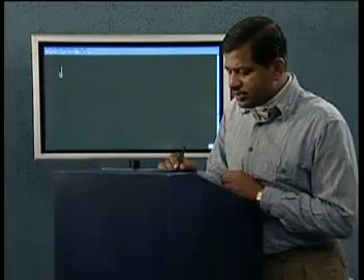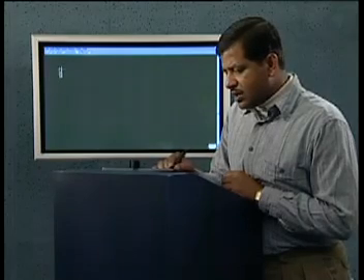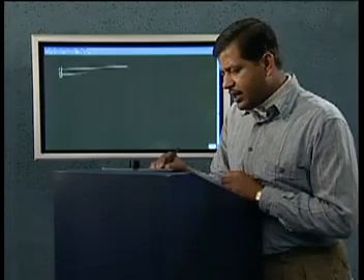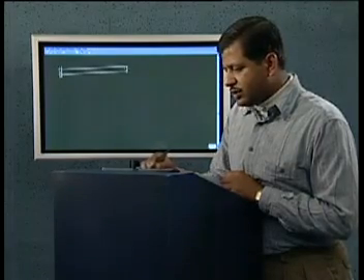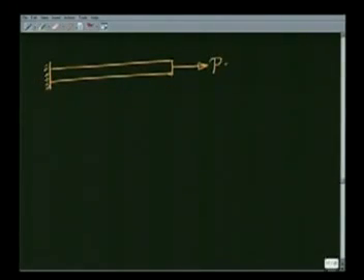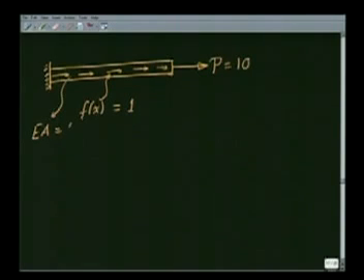Let us take this problem. Bar again, with an end load P equal to 10 and subjected to a distributed load of uniform intensity, that is, we will say f of x is equal to 1. You see this is a fictitious problem, we will say EA is equal to 1.